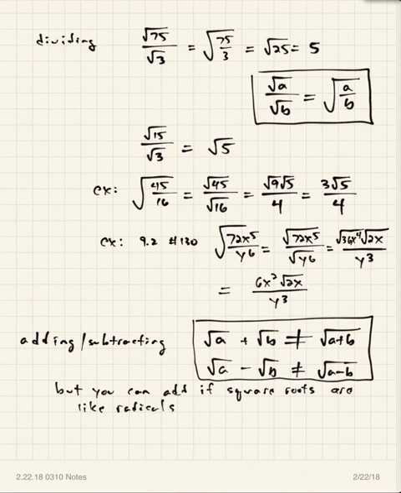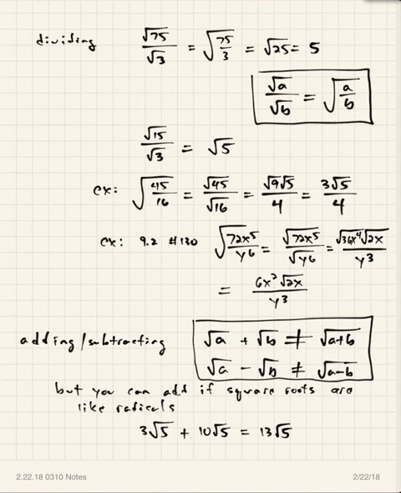And remember, like radicals are just simply square roots that are exactly the same square root. So 3 times the square root of 5 plus 10 times the square root of 5, those are like radicals. And so those can be added together. And you get 13 times the square root of 5.